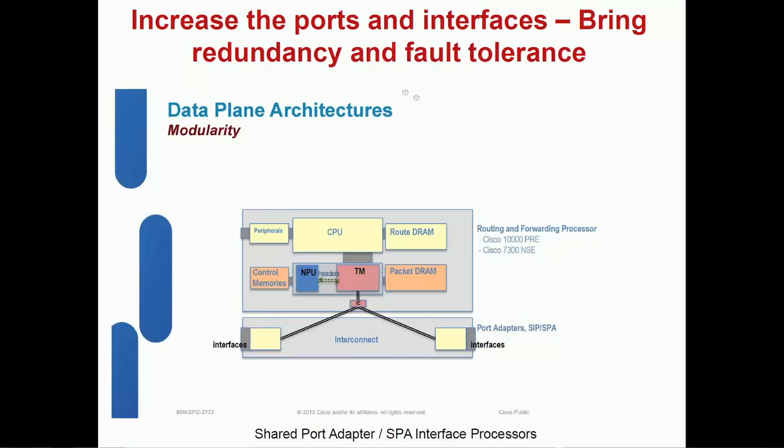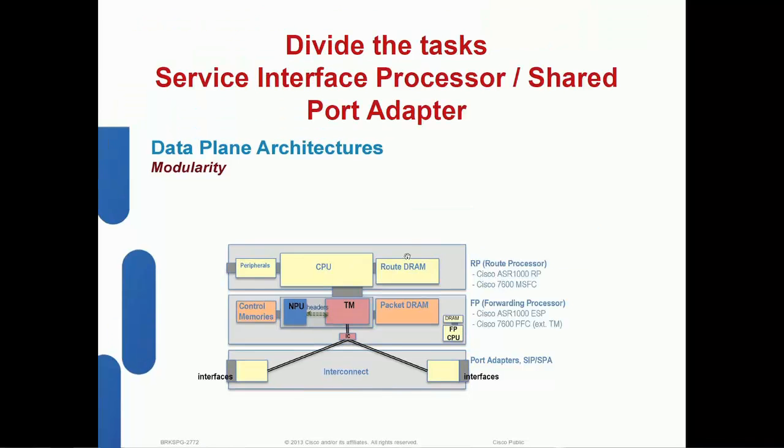Okay. Now with this, the advantage is you can bring redundancy. That means I can have more than one interconnect. Then I can also bring fault tolerance into this network, because if one interconnect card fails, I can put in another card and then the whole thing will work. Okay. So this is the next architectural improvement that they did.